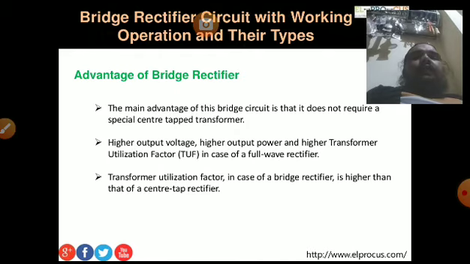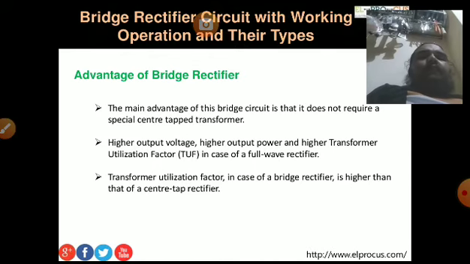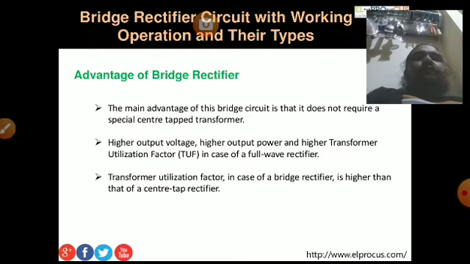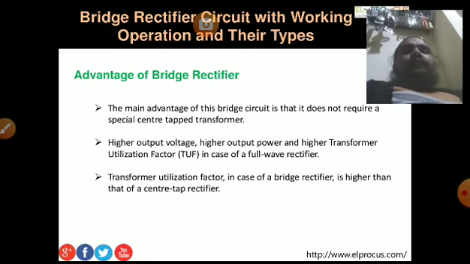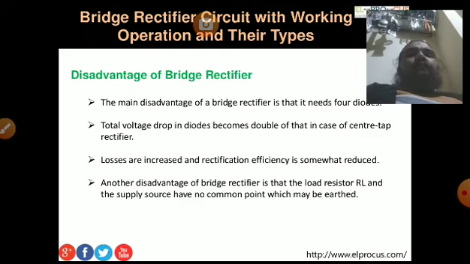The transformer utilization factor in the case of a bridge rectifier is higher than that of the center tap rectifier.